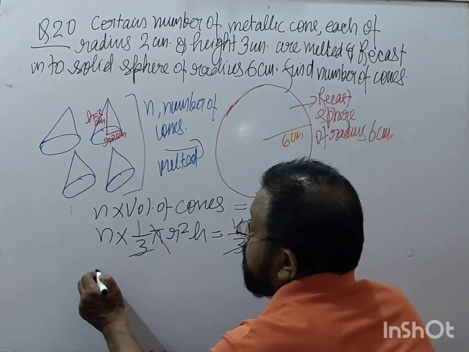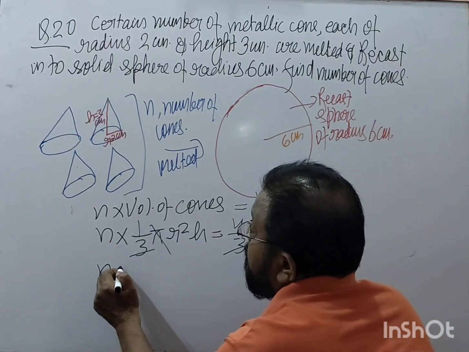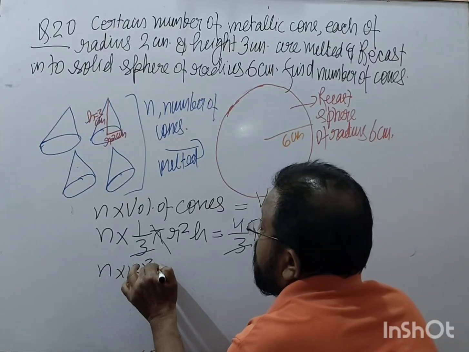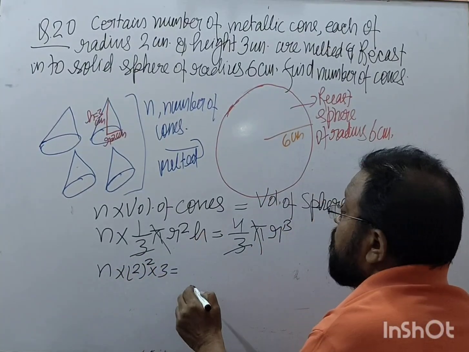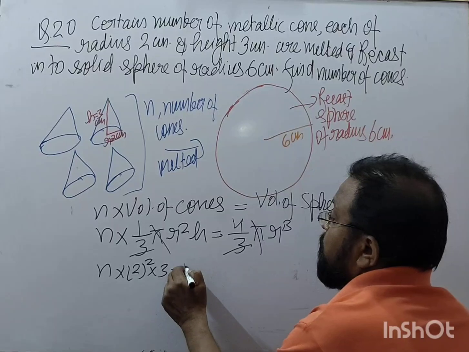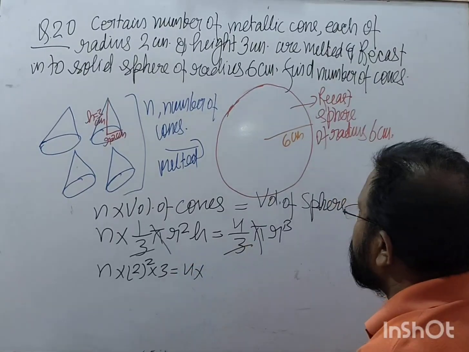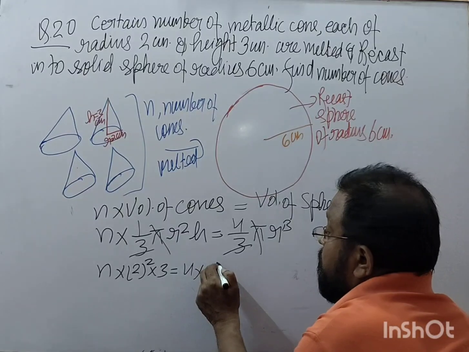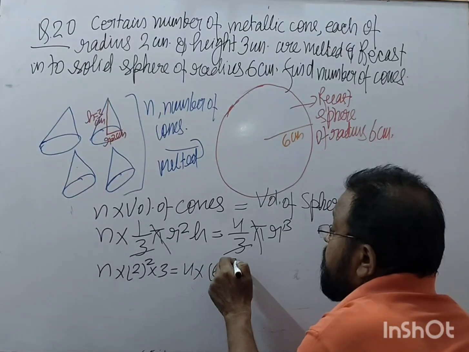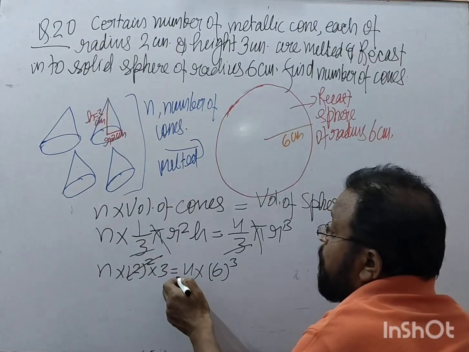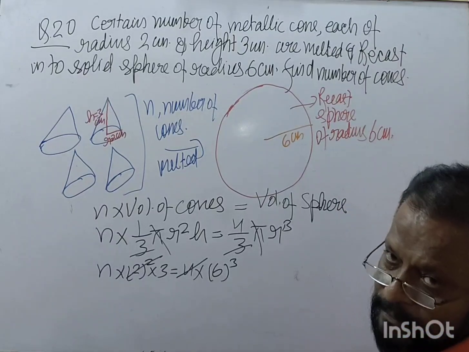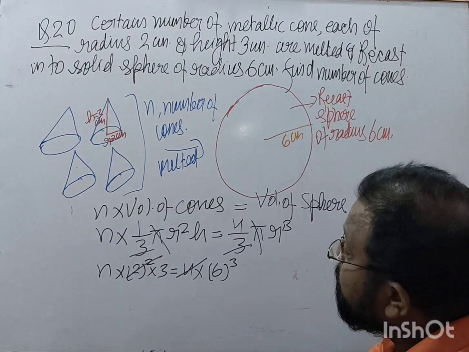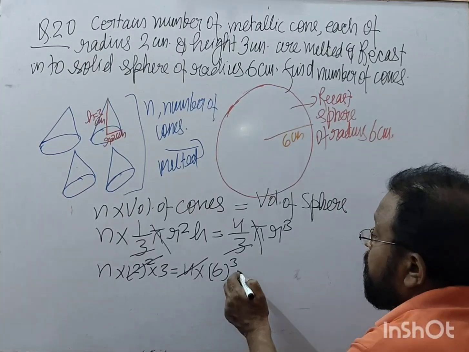Now n into 2 square into 3 is equal to 4 into r cube, 6 cube is 216. This 2 square goes with 4.